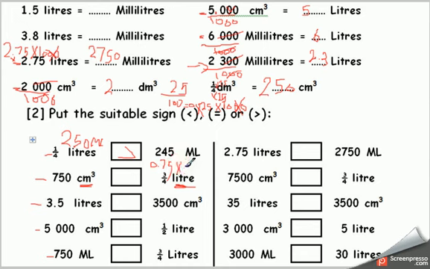After that, multiply by 1000. You should cancel two zeros with the decimal point and the remaining one zero, so the answer will be 750 centimeter cube. Oh, mister, this is 750 centimeter cube as well, so it will be equal.